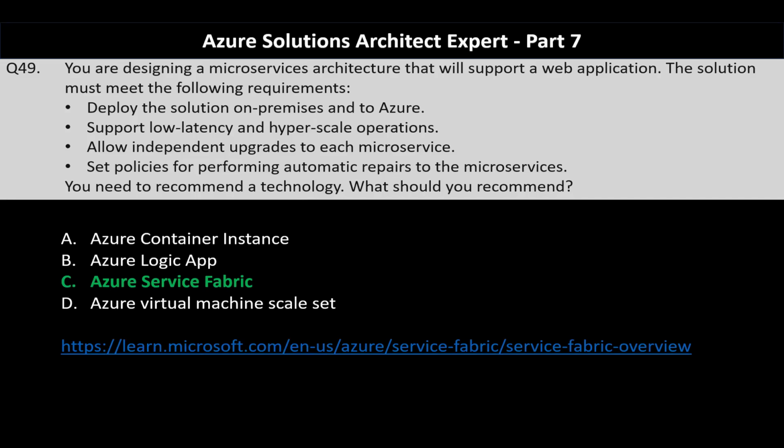It enables low latency and hyperscale operations as it is designed for building scalable and reliable applications. It allows independent upgrades to each microservice as it supports versioning and rolling upgrades. It also provides built-in health monitoring and automatic repairs for the microservices with configurable policies.